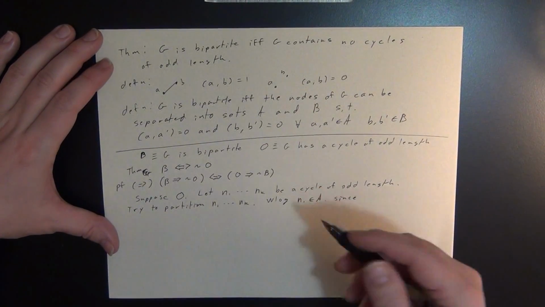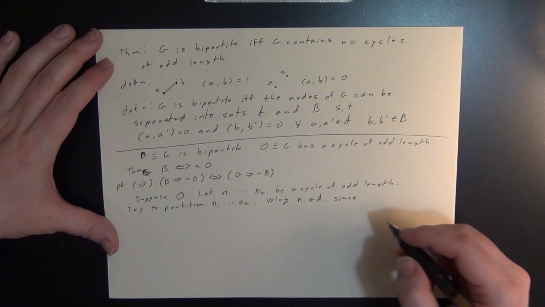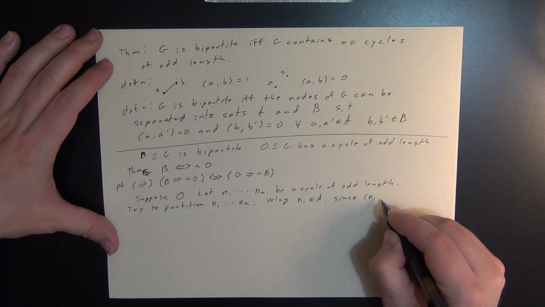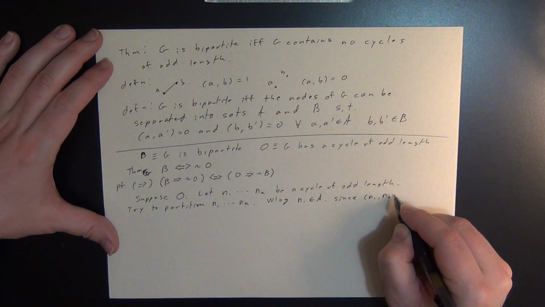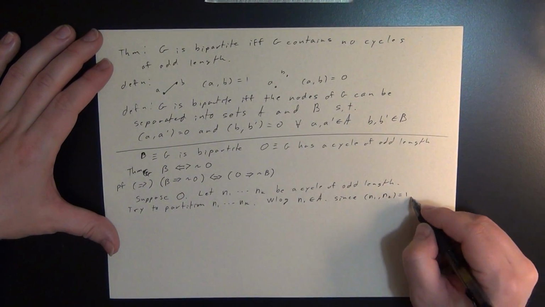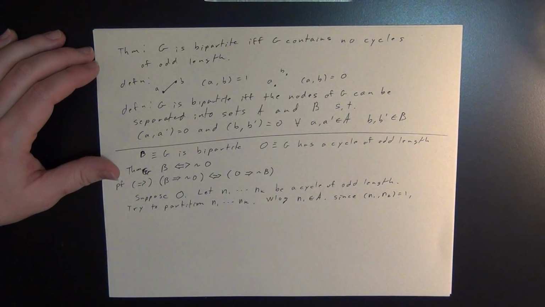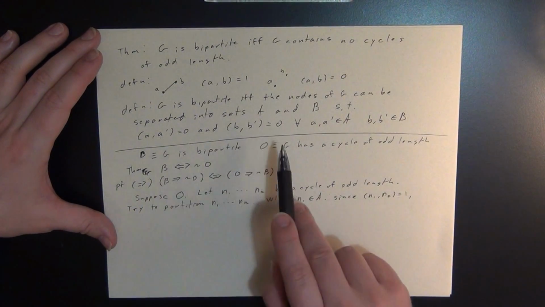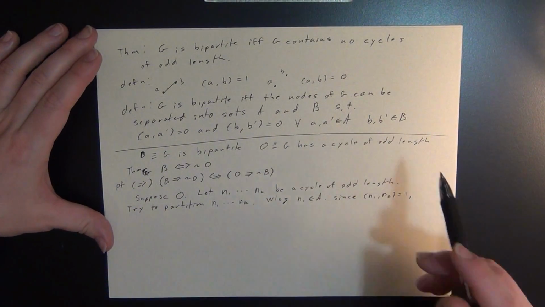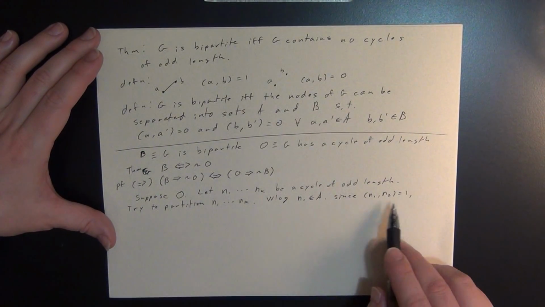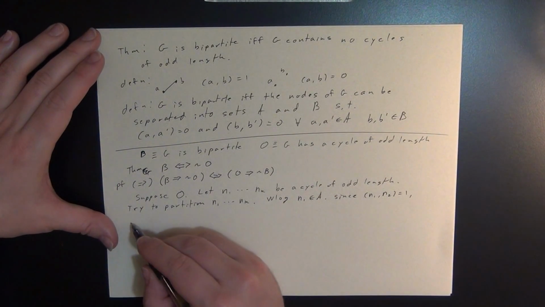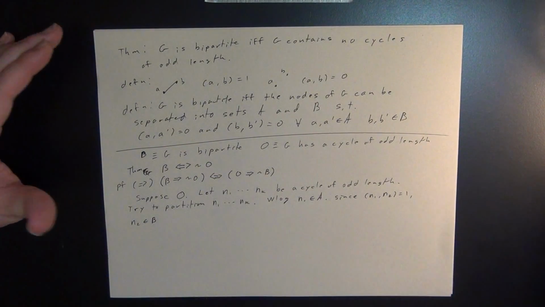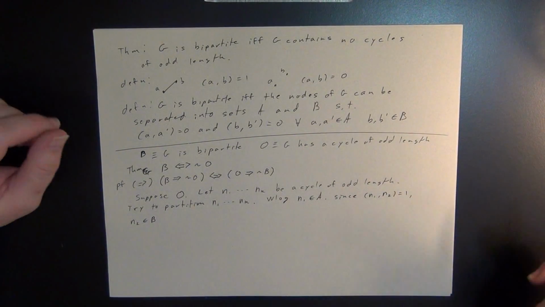Since this is a cycle, n1 connects to n2, n2 connects to n3, and so forth. So since n1 connects to n2, and for one of these sets, all of the things in the same set have to be disconnected, these can't belong to the same set. Alright, n2 is in the other part of the partition.